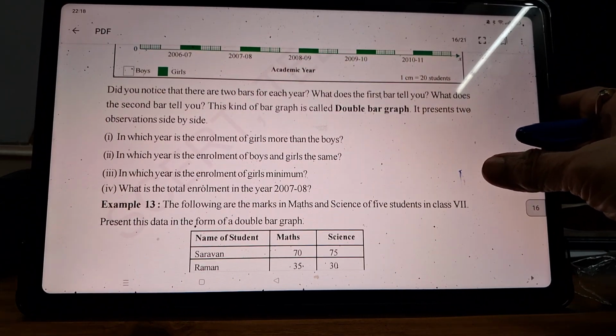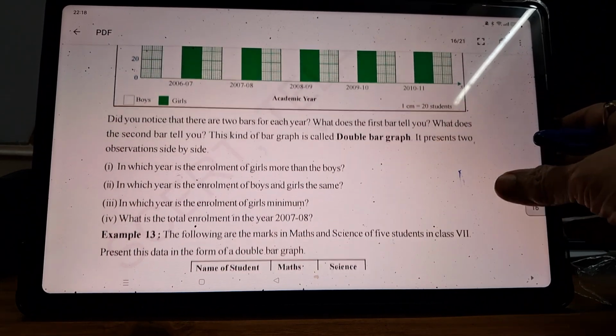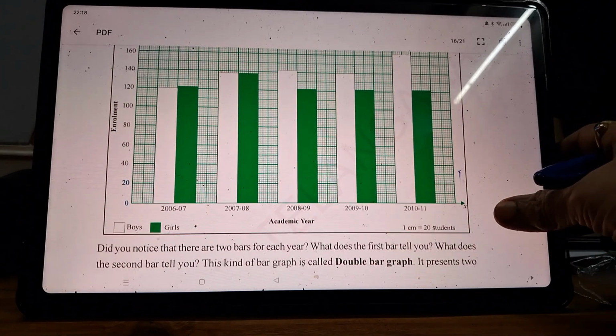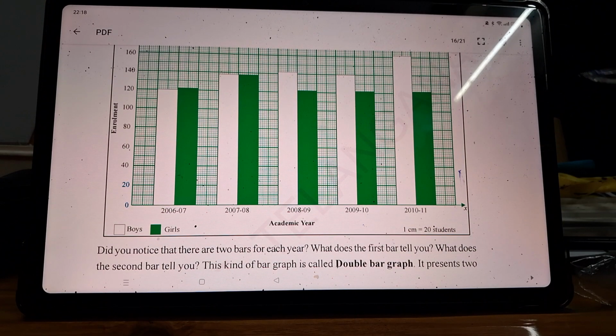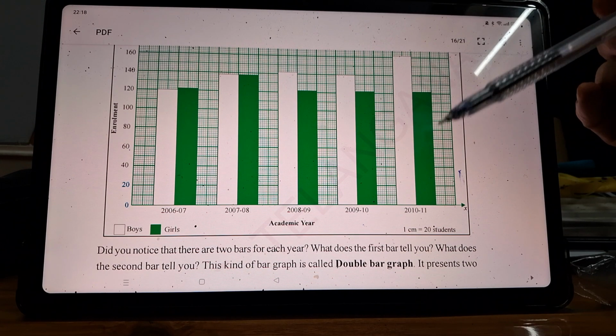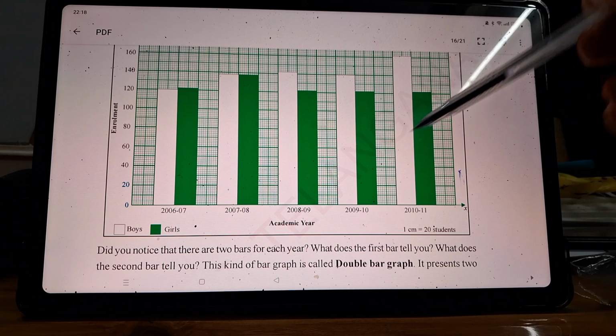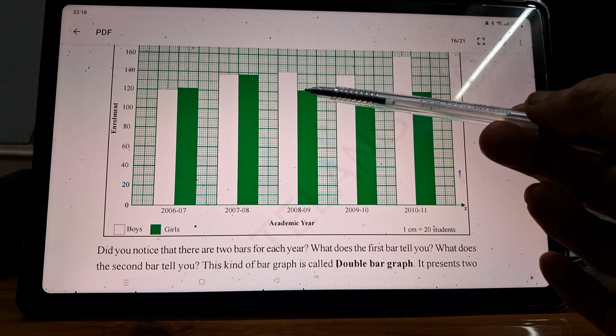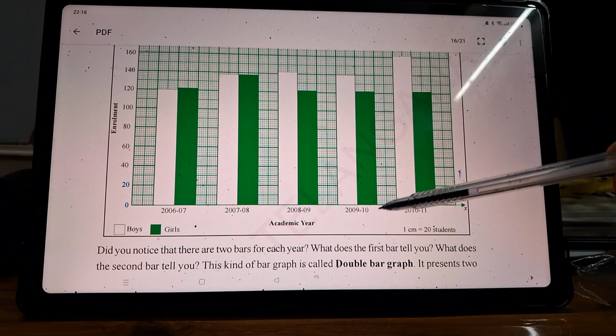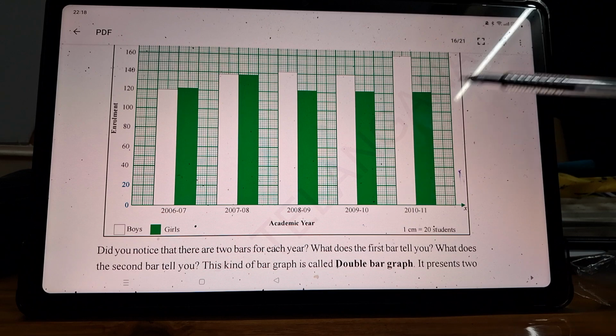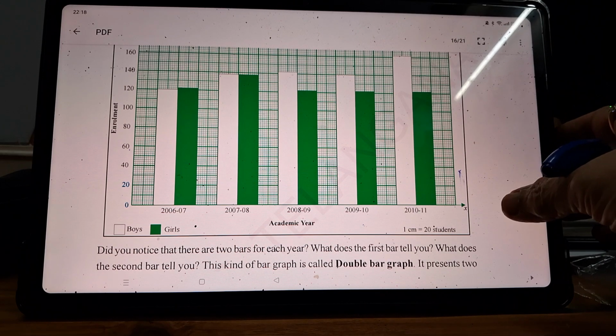And the third one, in which year is the enrollment of girls minimum? Girls minimum in the sense they are not asking you to compare with the boys. If they ask you to compare with the boys, you can consider it here. But in general, they are asking minimum girls, which means 1, 2, 3. These 3 years you can write: 2008-9, 2009-10 and 2010-11.